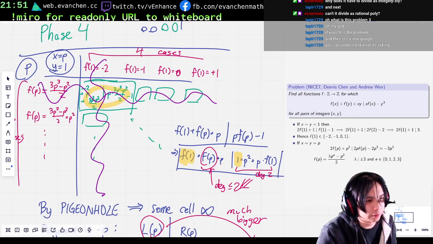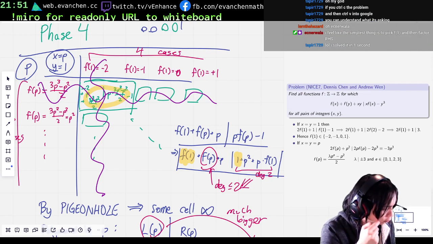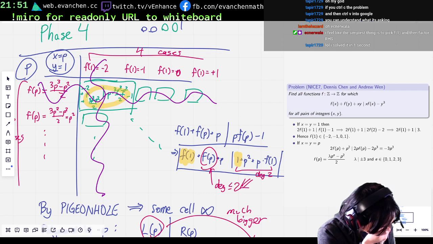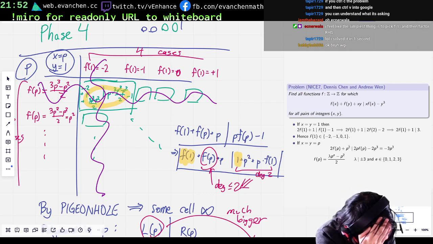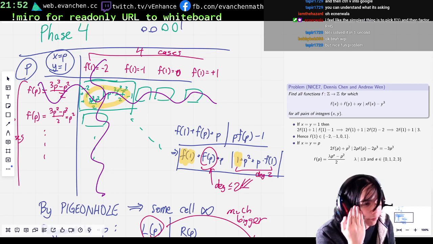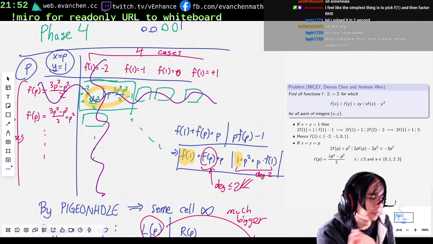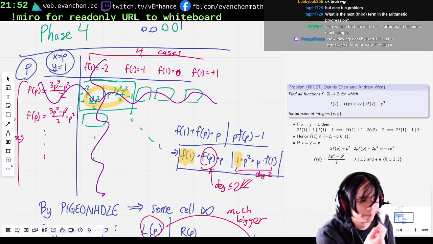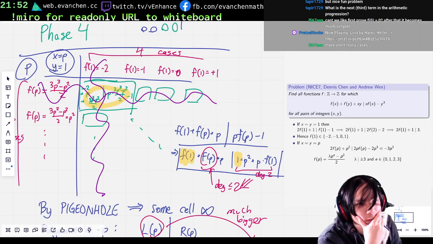I think I have to look at the leading coefficient as well. So f of p is like leading coefficient, ugh, dang it. Right-hand side is degree 2, left-hand side is, oh, that's lame. Sorry, you're right. This constant term is a little more finicky than I thought.